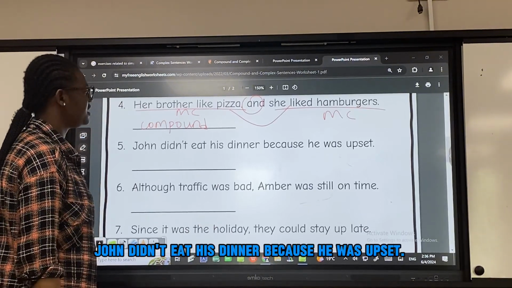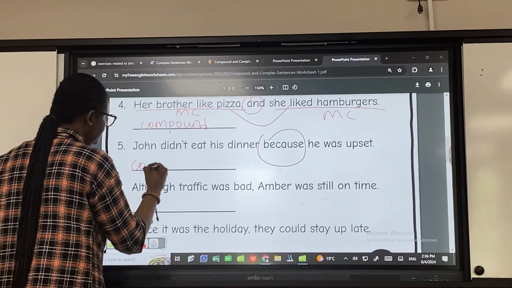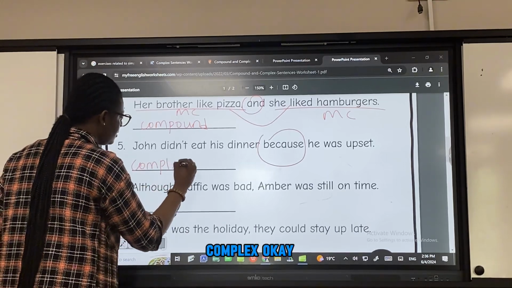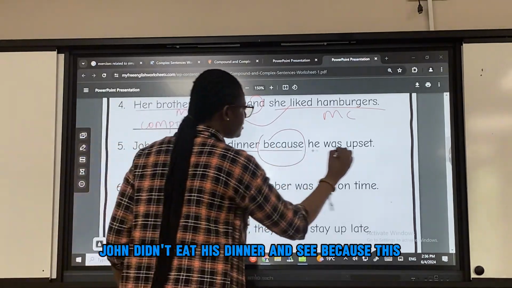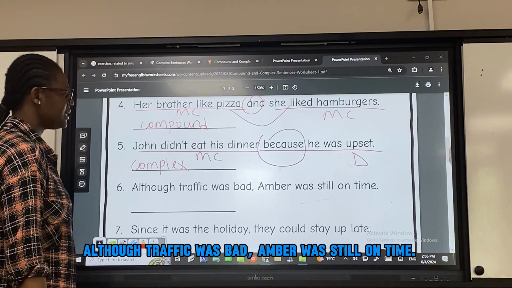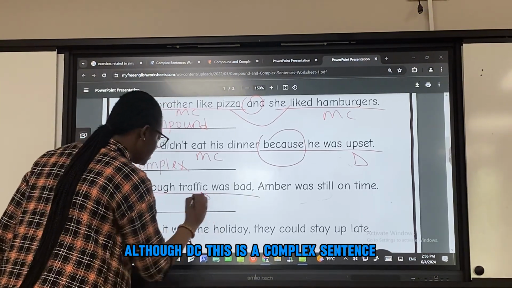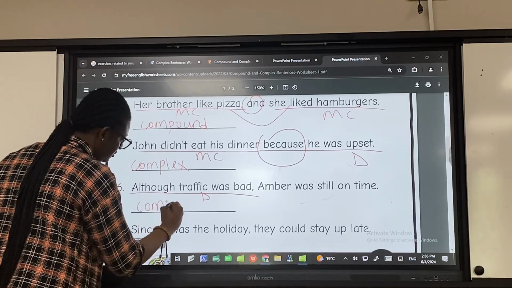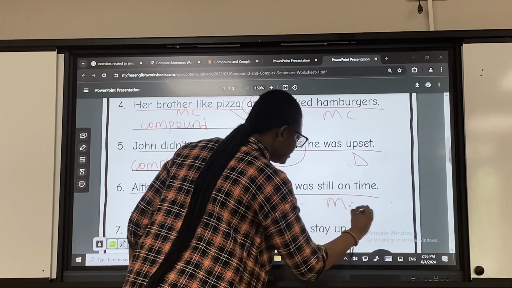John didn't eat his dinner because he was upset. This is a complex sentence. John didn't eat his dinner, MC, because, DC. Although traffic was bad, Amber was still on time. Although, DC, this is a complex sentence. This, MC.